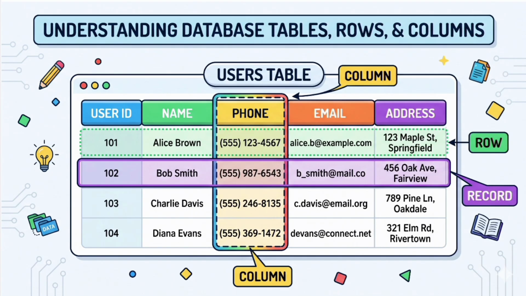Let's move on to understanding how databases work and how the arrangement happens inside the database. A lot of databases use tables to arrange the data. In this visual, we can see a table called users.